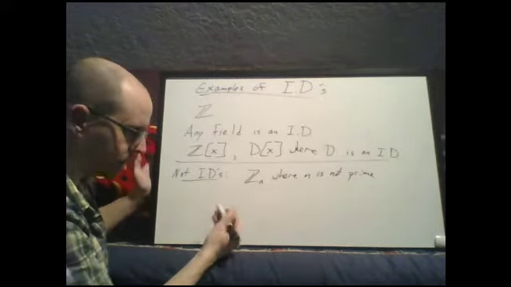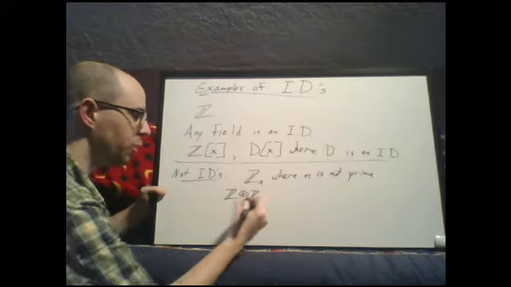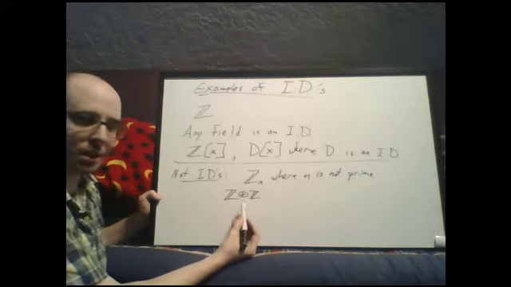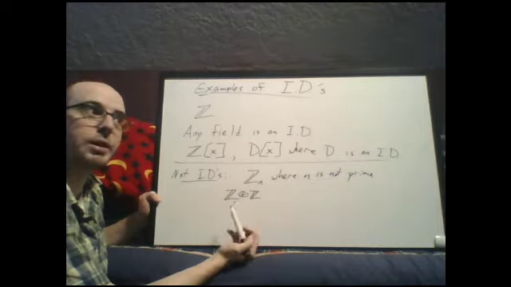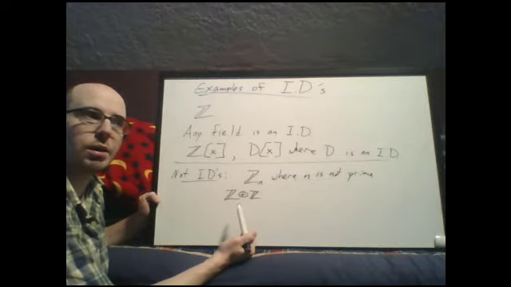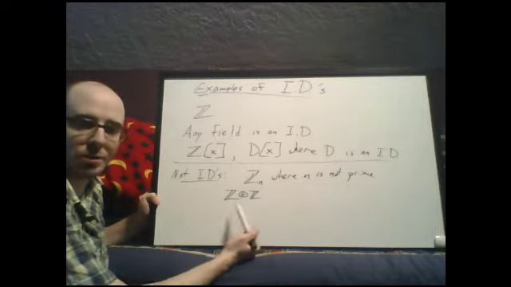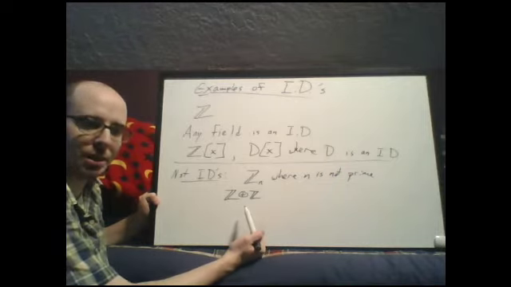All right, Z plus Z. Really, anytime you have a direct sum, let me be careful here. Anytime you have a direct sum of rings where they're all non-trivial rings, meaning they have other things besides the zero element, the resulting direct sum will not be an integral domain.